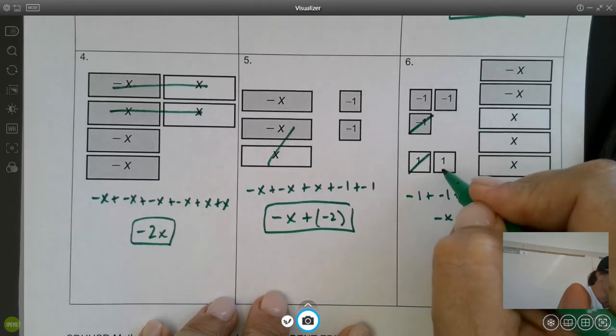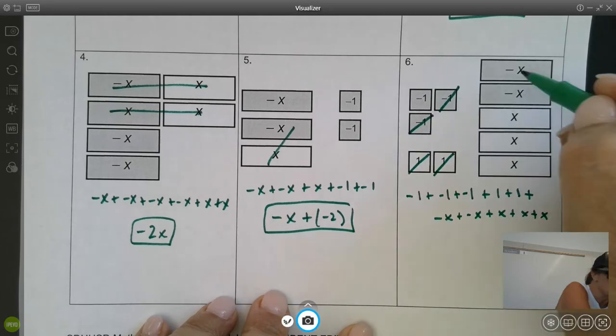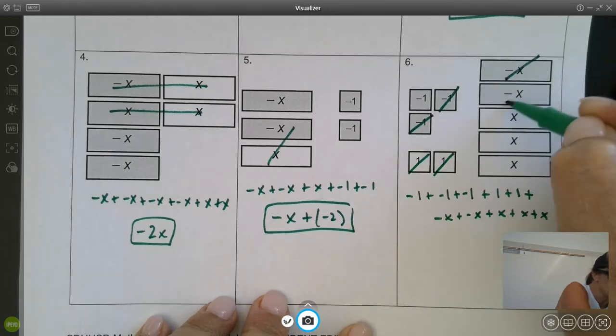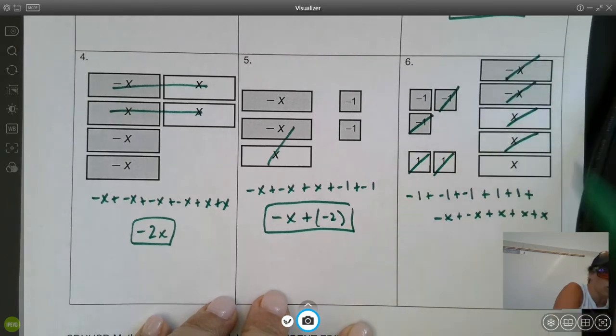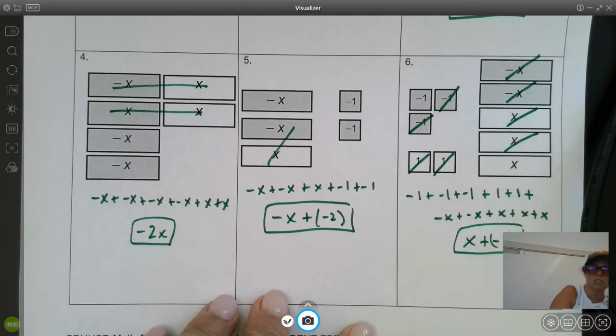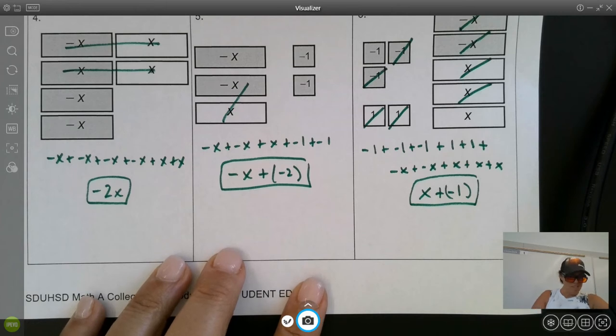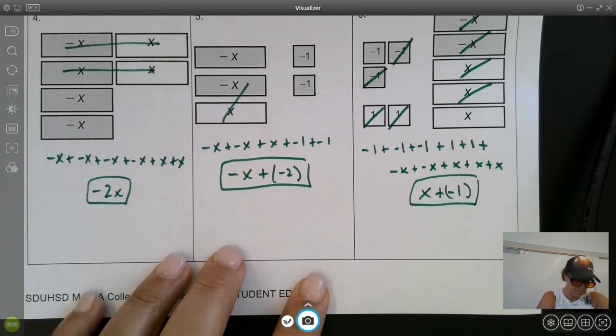I'm going to cross off this one with this one. I'm going to cross off this one and this one with this one and this one. After handling those 0 pairs, I've got an x left and a -1 left. So that's that kind of problem.